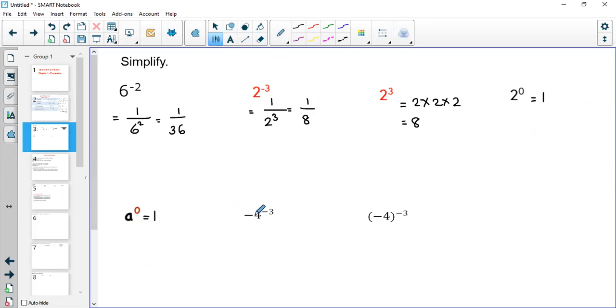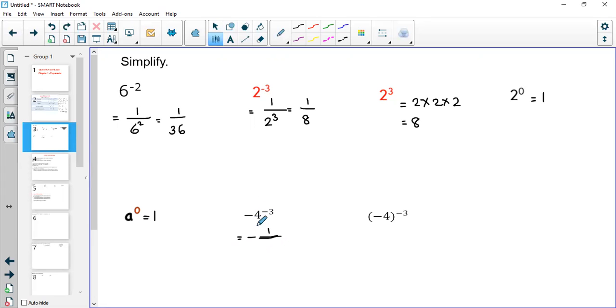Right, here, negative 4 to the power of negative 3. Now what does this mean? Both of them have negatives. So definitely your answer also must be negative, because both of them are negatives. So we write it as a negative fraction, because it should be a fraction, because this is a negative exponent. Always negative exponents will be in negative fraction form.